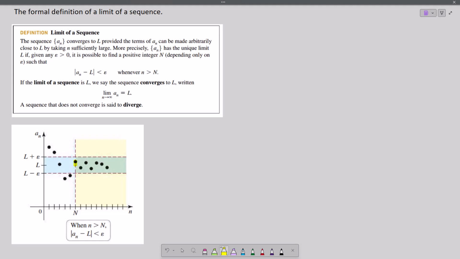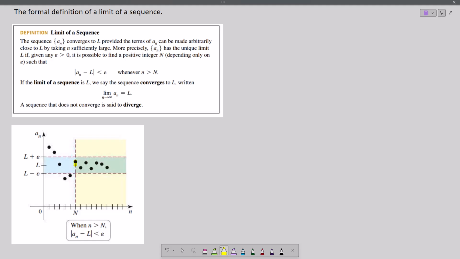So it's a ratcheting type of concept. We provide epsilon. We say, hey, what if epsilon is 0.1? If your sequence converges, then you can go far enough out to find this capital N so that the rest of the sequence, which we usually refer to as the tail of the sequence, is going to be trapped in this little epsilon tunnel here.